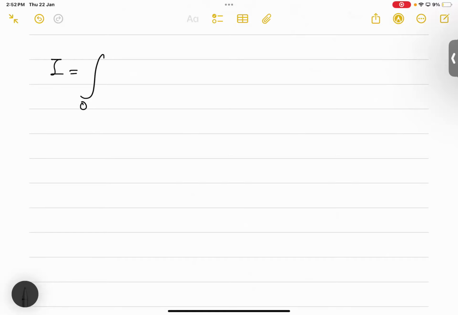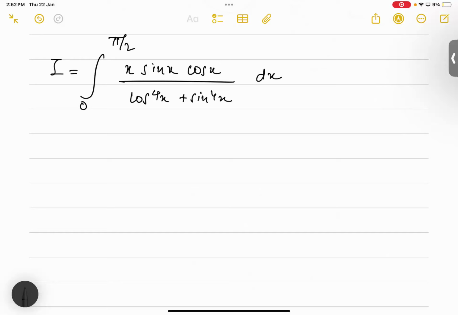Integration 0 to pi by 2. This time it is pi by 2. x sin x cos x upon cos raised to 4 x plus sin raised to 4 x. We are going to practice this problem.